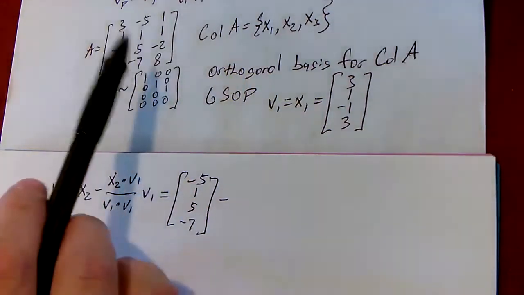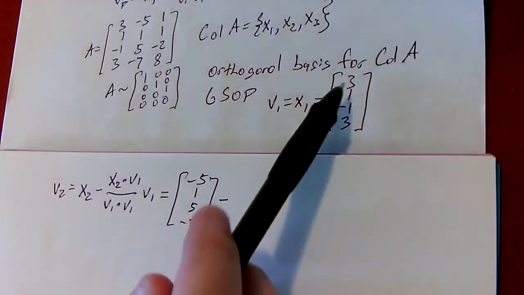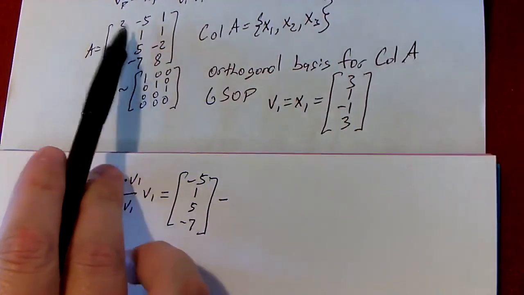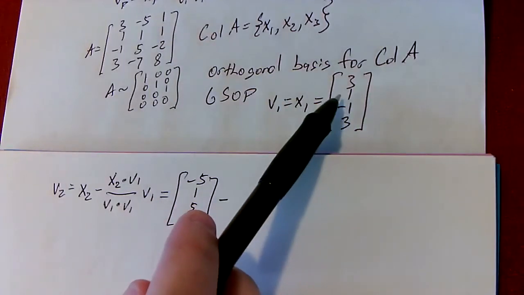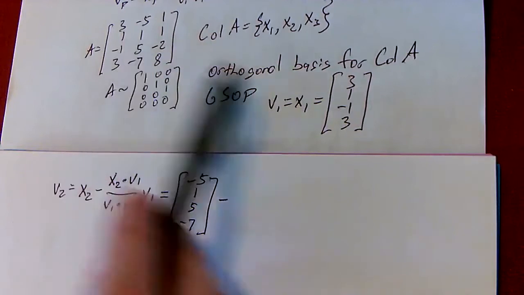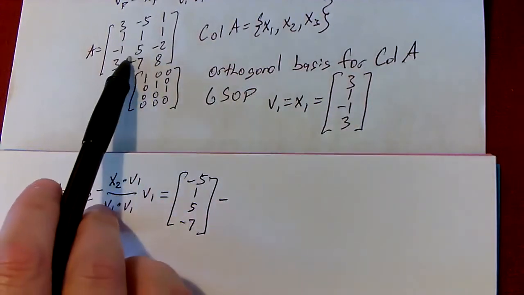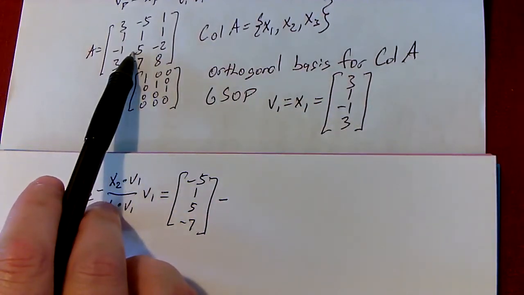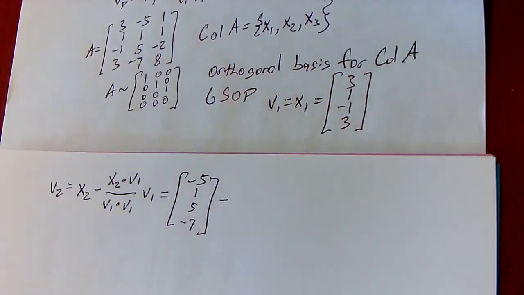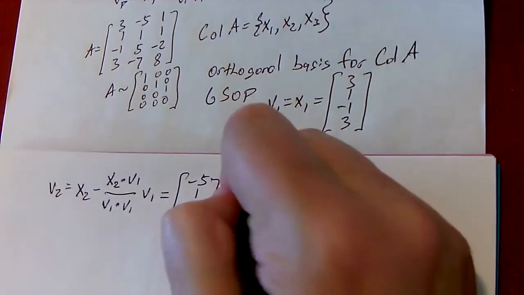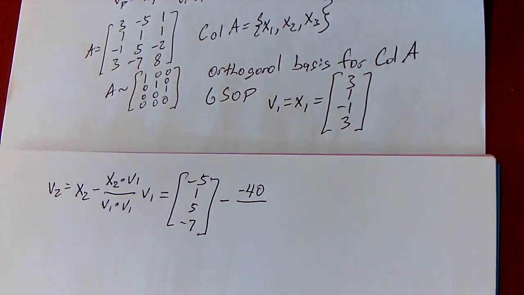Here's my X2, here's V1. So -5 times 3 is -15. 1 times 1 is 1, so I'm at -14. 5 times -1 is -5, so I'm at -19. -7 times 3 is -21, so when I put those together, I'm at -40.